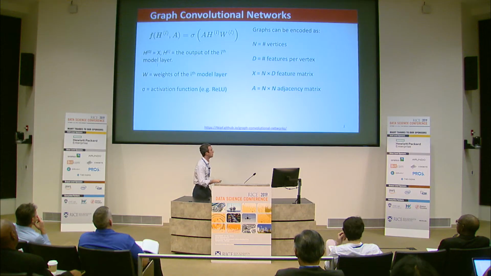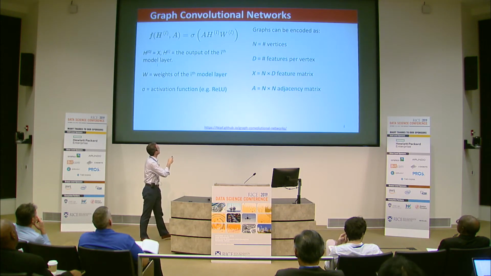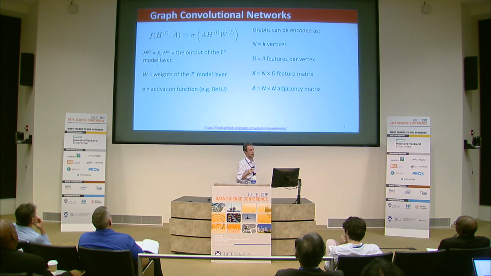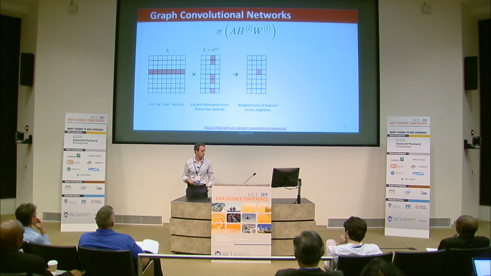We'll put a 1 anywhere there's an edge and a 0 otherwise. H of L is the output of my previous layer in my network. In the case of the first layer, which we're going to focus on today, that's X, just the features of my vertices. And W of L is some trainable, learnable set of weights, just like in any other neural network.